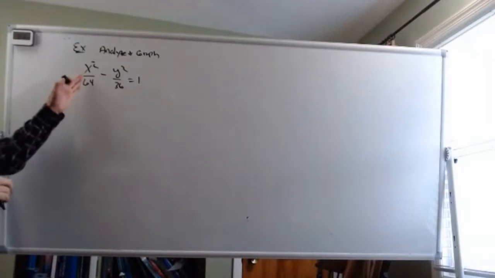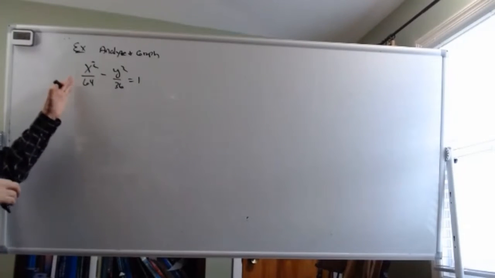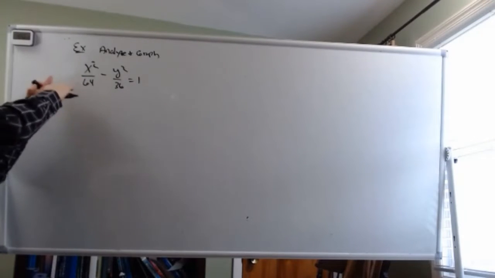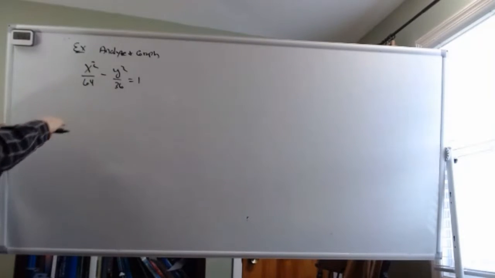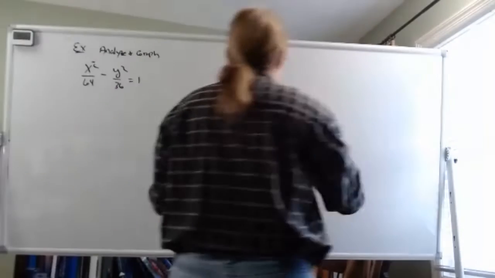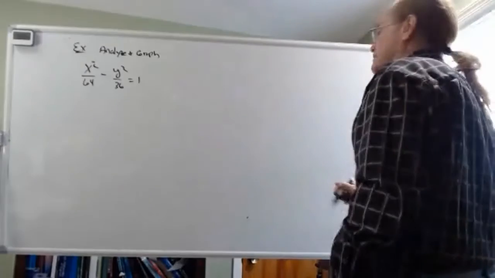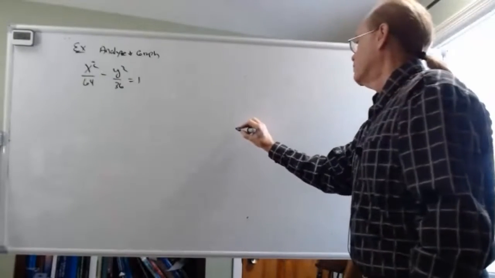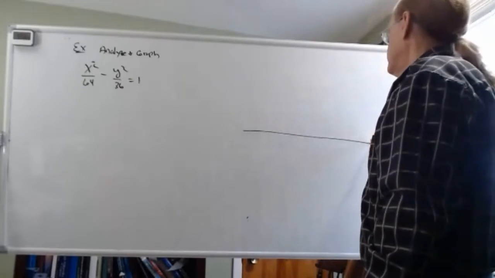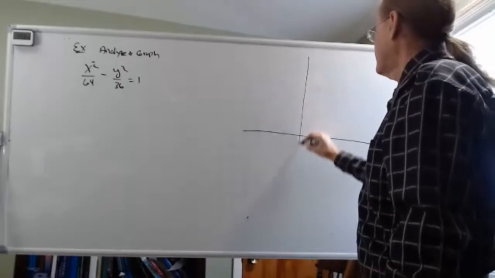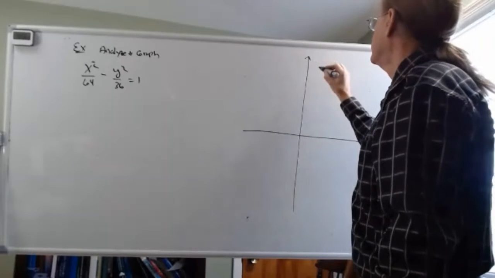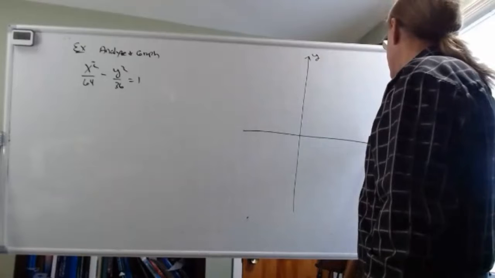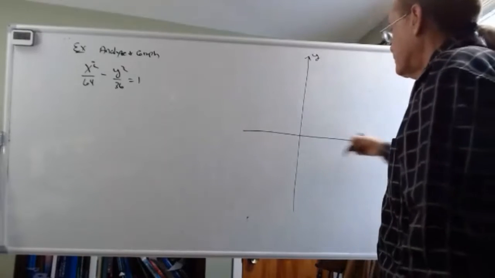Okay, since the positive is in front of the x squared, that means my x-axis is the transverse axis. So I know it's going to be kind of going along the x-axis. I'll just start to draw it over here. And this is where it's along.